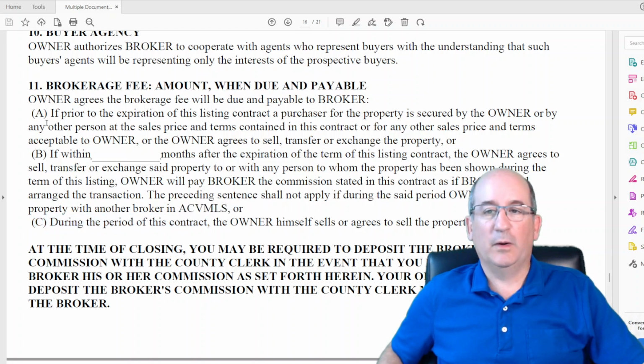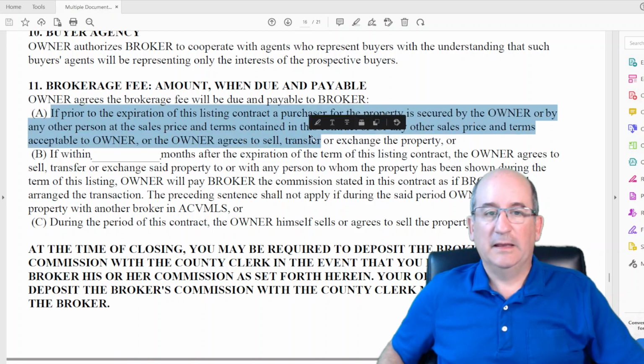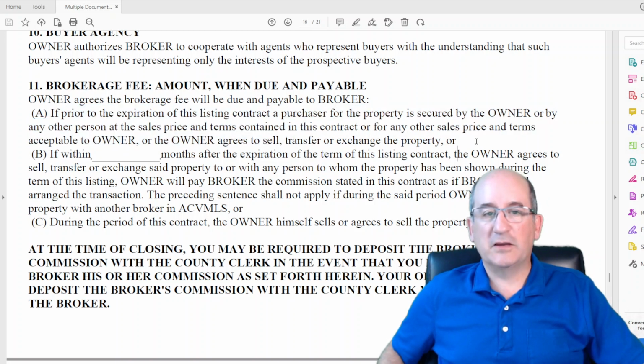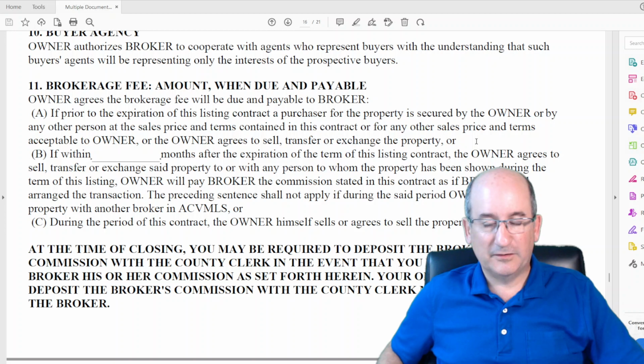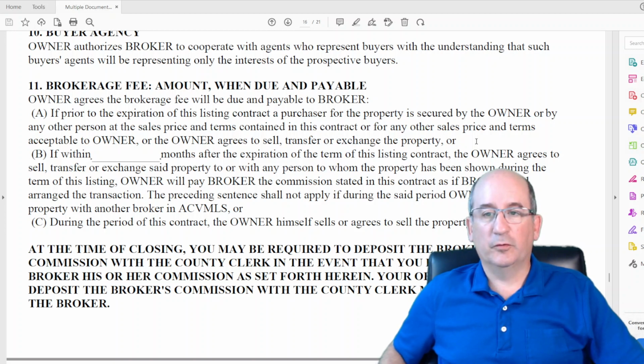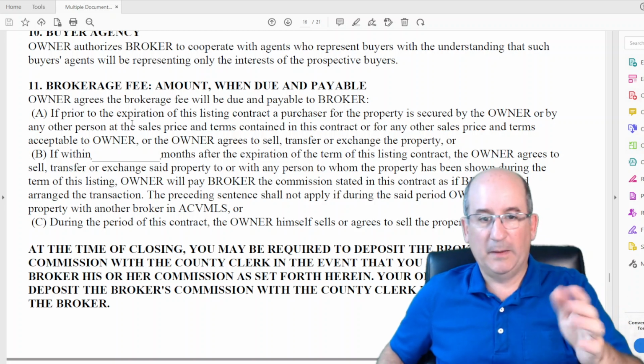So typically what happens is the first part of this is if prior to the expiration of my listing, somebody comes through the property, looks at the property, and then for some reason we don't sell the property, but they came through when the listing was active.